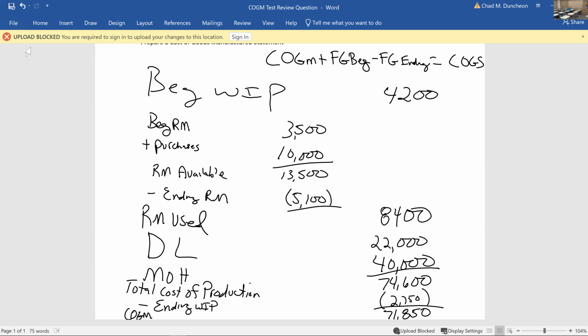You take your cost of goods manufactured plus your beginning finished goods inventory. That gives you your cost of goods available, minus your ending finished goods inventory, equals your cost of goods sold.